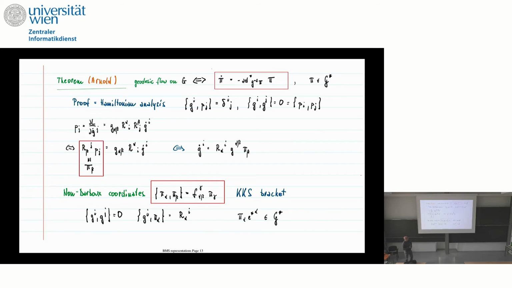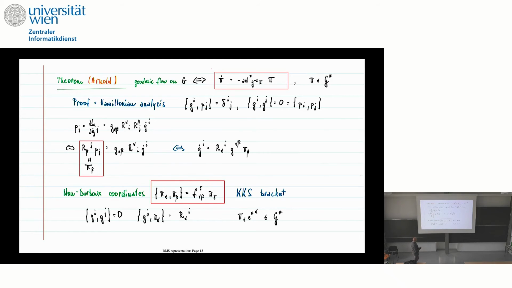So he's saying, there's a theorem, the second order equation for the G, the content of this is the same as a first order evolution equation for a vector which belongs to the dual of the Lie algebra. And then you try to understand this proof, but then you realize as a physicist that the proof is really basically just doing the Hamiltonian analysis of this. It's exactly the same thing.